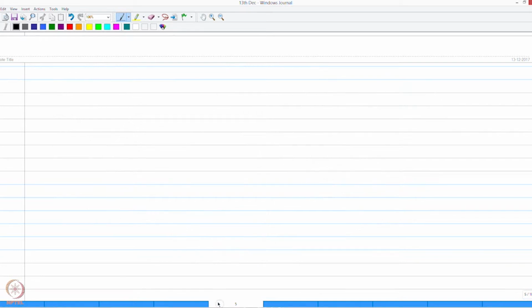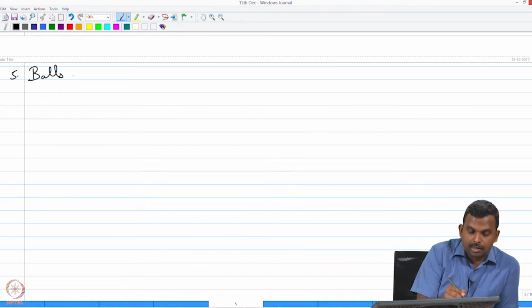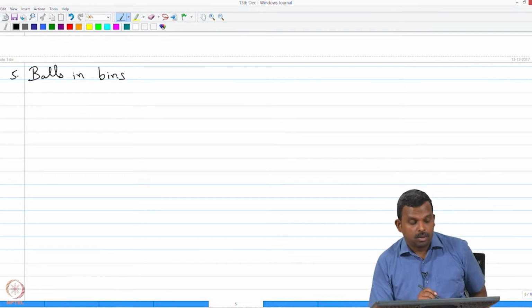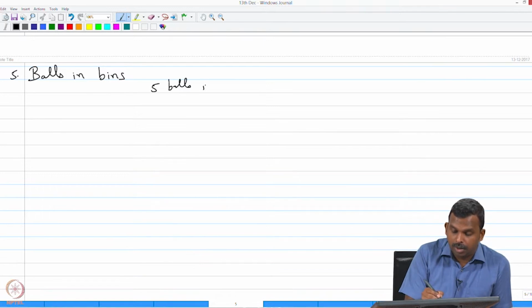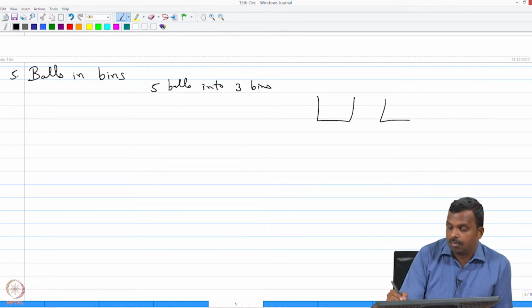Okay. So, this is the fourth example. So, I am going to look at the last one, which is balls in bins. Okay. So, this I will take a fairly simple example here. So, let us say we throw 5 balls into 3 bins. Okay, 1, 2, 3.